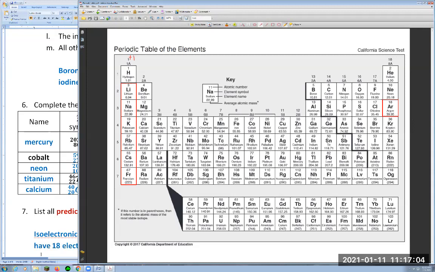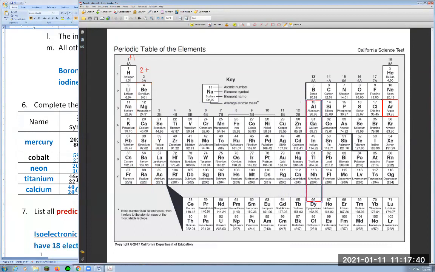Next to them, the alkaline earth metals like to become 2+ ions because they have 2 valence electrons, and they like to lose them to be like the previous noble gas. So they lose 2 electrons and become 2+ ions. Those are predictable ions. You cannot predict what the transition metals will become when they become ions.